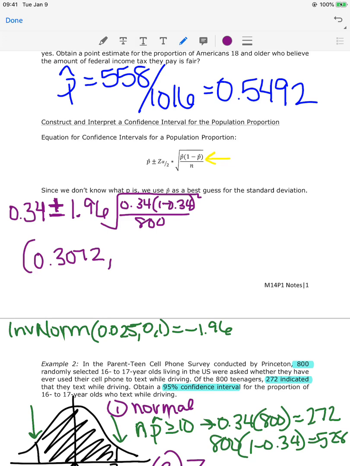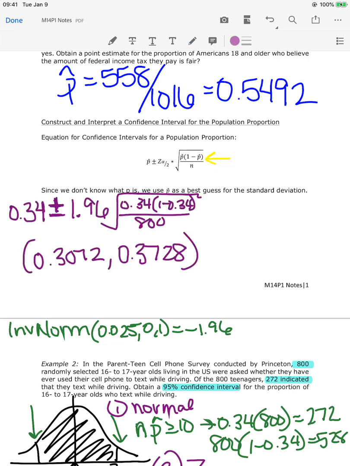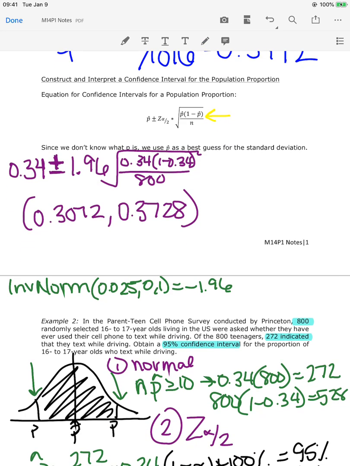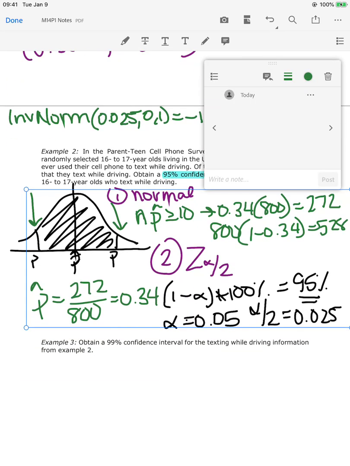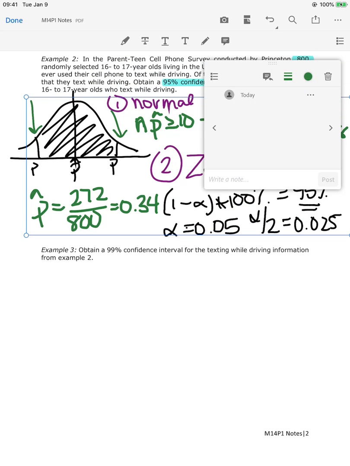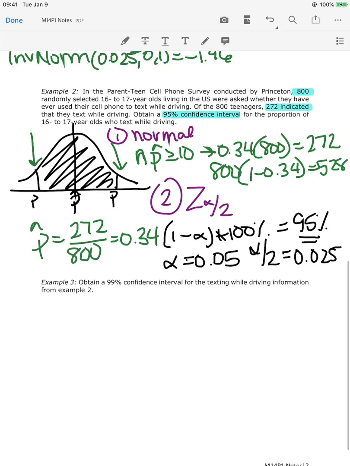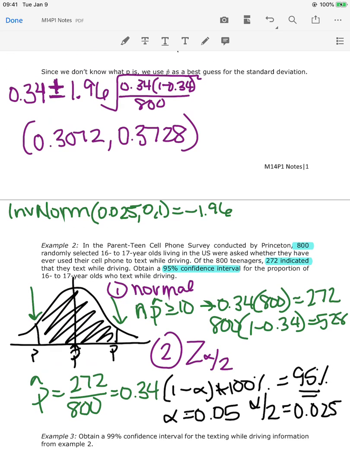Plus, and we get 0.3728. All right. So what I've just found are the two possible values for these p's, and there is a 95% chance that the actual population proportion of teenagers that text while driving is between these two numbers.